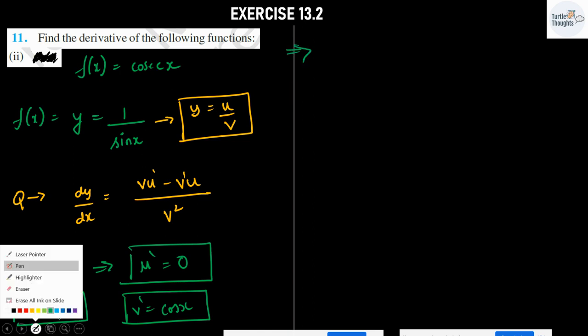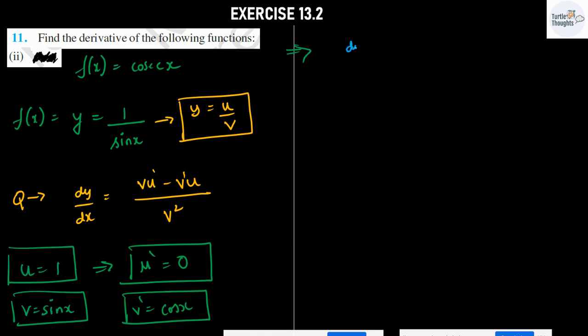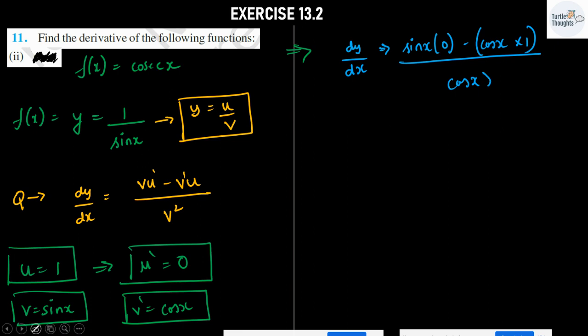Substituting the same in the formula, I will be getting my answer dy by dx as v multiplied by u dash. v is going to be sin x multiplied by 0, minus v dash. v dash is going to be cos x multiplied by 1, divided by, sorry, sin x.